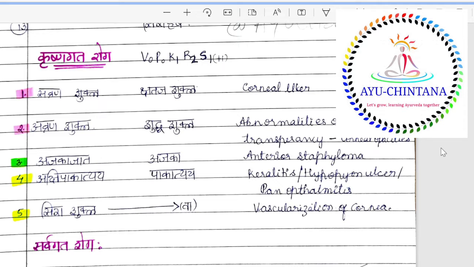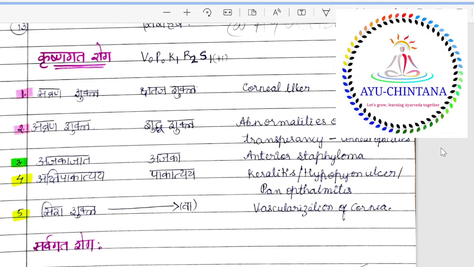Then comes Ajaka Jata. Ajaka Jata is Kaphaja Vyadhi. And finally, Akshipakatyaya. Paka has already taken place. The final stage has been reached already. If the final stage has been reached, that gives you an understanding that all the doshas have already been involved. So Akshipakatyaya corresponds to Sannipataja Vyadhi.